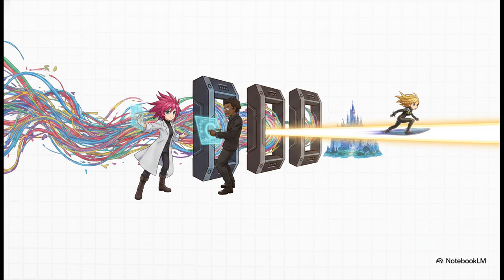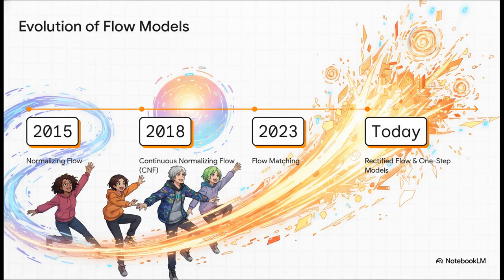Straighter paths mean fewer steps. It's that simple. And if you repeat this reflow process a couple of times, you can make the paths so incredibly straight that a new model can learn to jump from start to finish in a single leap. And that gets you the raw speed of a GAN, but with all the stability and quality that comes with flow matching.